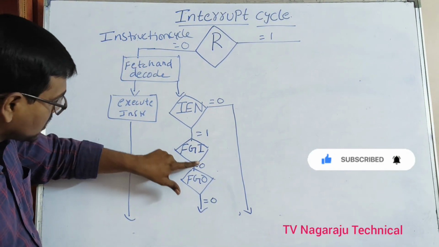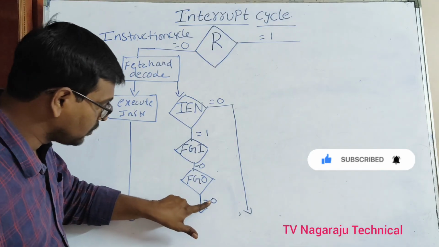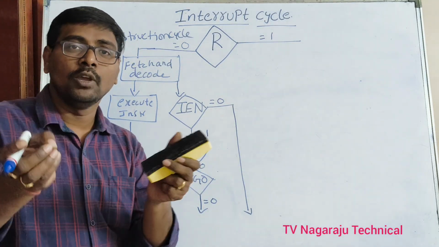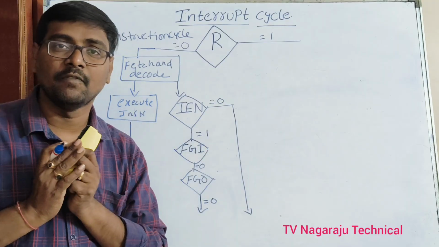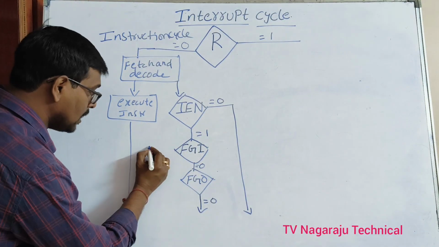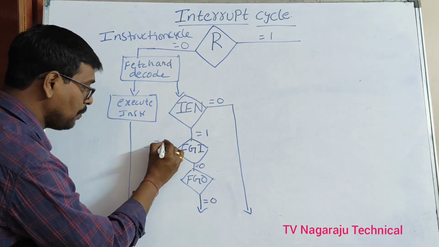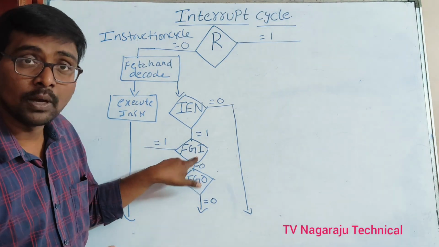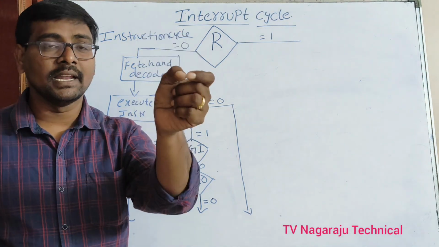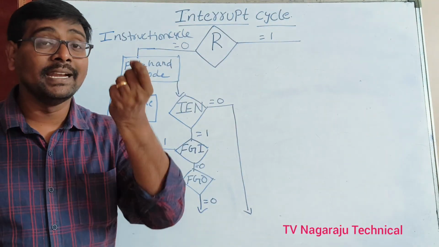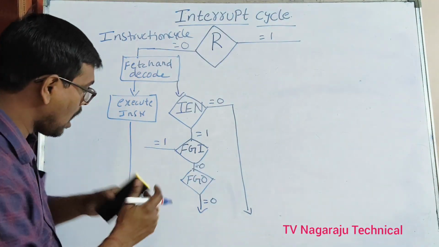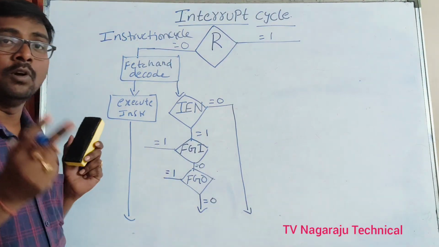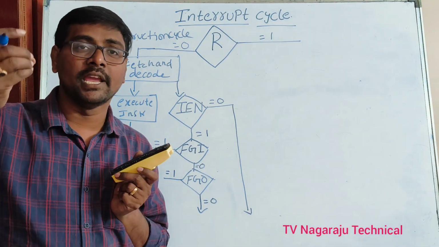If FGI is equal to 0 and FGO is also equal to 0, that means there is no input output device ready for data transfer. Now suppose the input flag is 1, which means input is ready, or there is a chance FGO is 1, that is, output is ready.